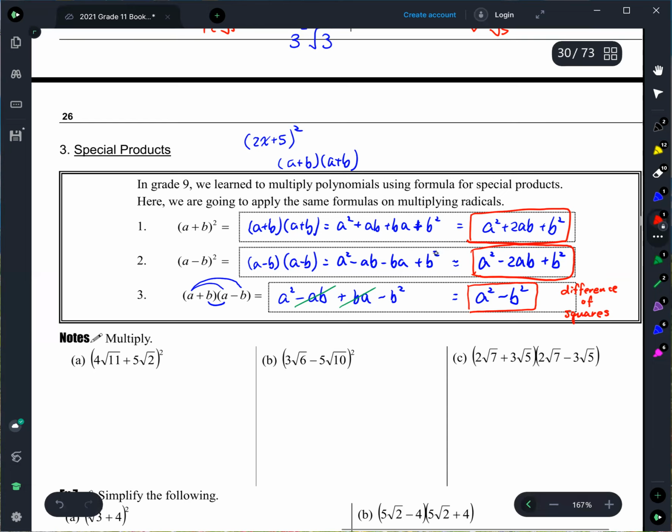Because we don't want to do FOIL every time we see these things, right? The (a plus b) squared, and we don't want to write the brackets and FOIL, right? It takes too many steps. So you need to memorize the result in the red box. Whenever you see the bracket squared, you go directly to the end result.